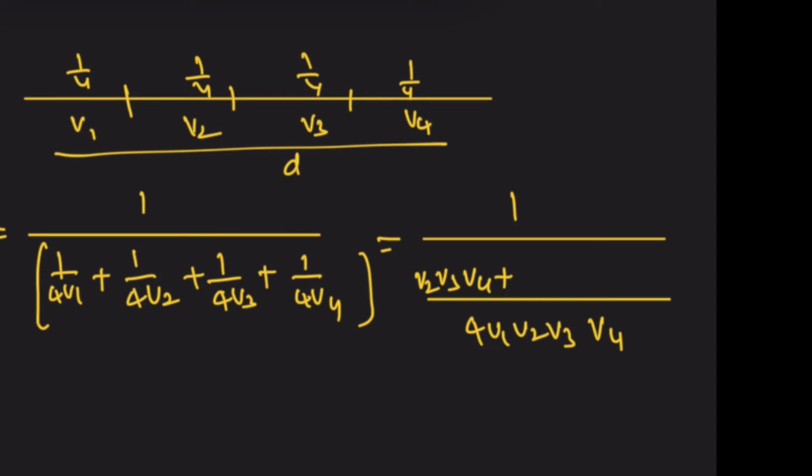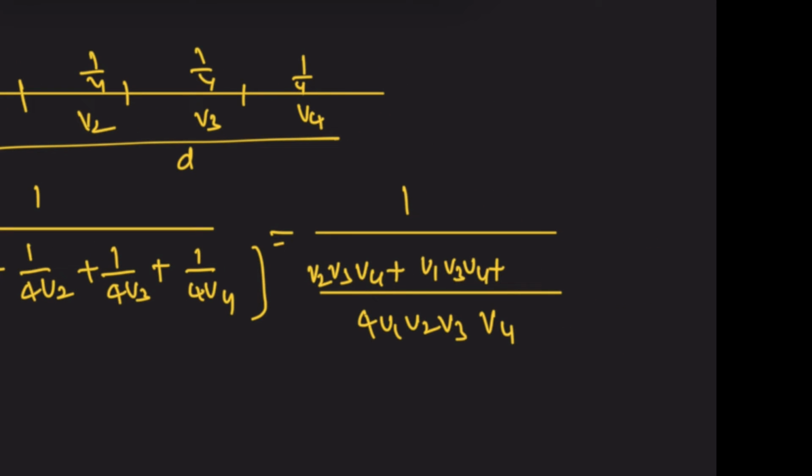So what are the remaining? V1, V3, V4 plus. Next 4 V3, V1, V2, V4 plus. Next 4 V4, that is V1, V2, V3.